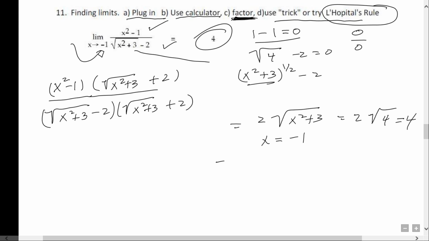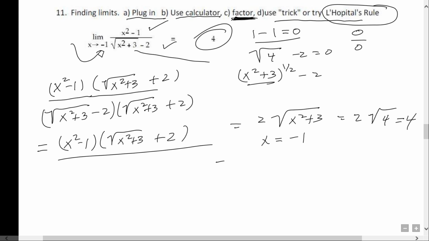And when we do this, we get x squared minus 1 times the radical of x squared plus 3 plus 2. And then the denominator is going to get very simplified. Multiplying the radical of x squared plus 3 times the radical of x squared plus 3, we get x squared plus 3.